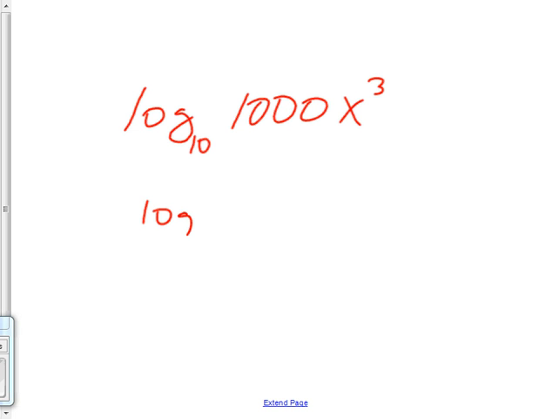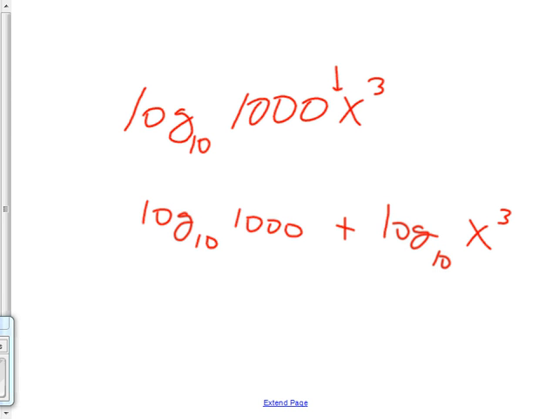Like, for instance, let's say I had log 1,000 x to the third. Well, then log, which means base 10, means log base 10 of 1,000. And then this times there becomes plus log base 10. I could just say log, and it would mean base 10, of x to the third.